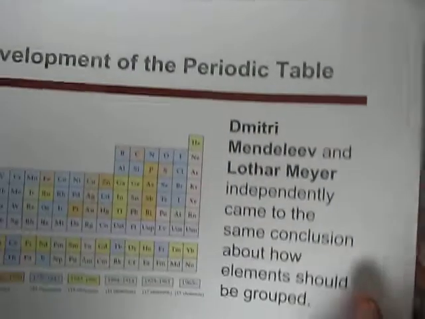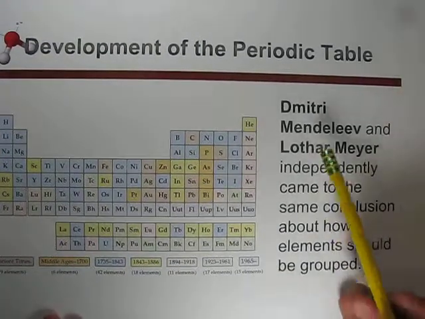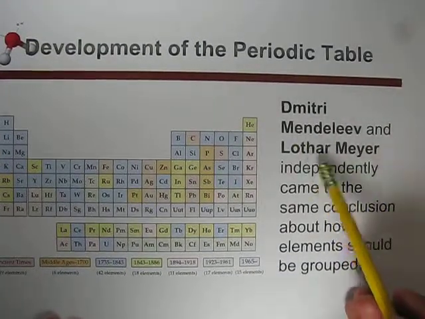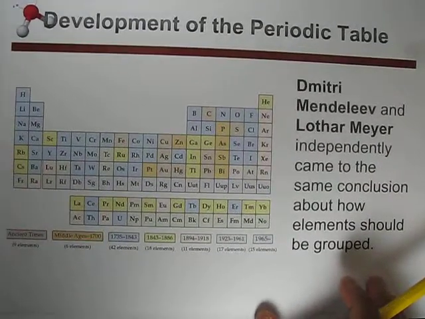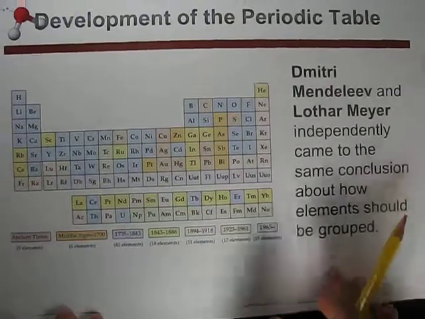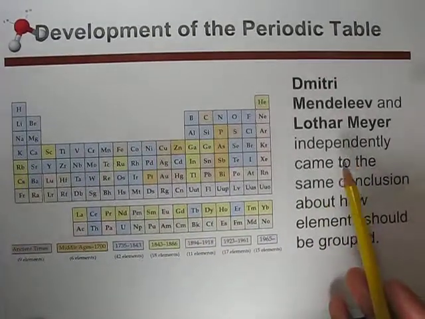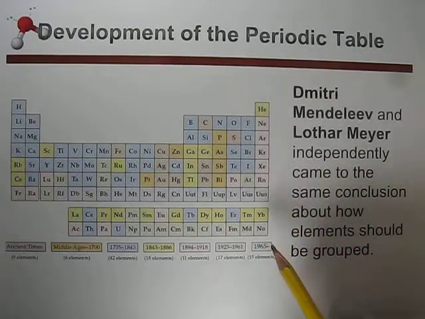So in the topic of development of the periodic table, Mendeleev and Lothar Meyer independently came to the same conclusion about how elements should be grouped, and mostly Mendeleev gets the credit for developing this periodic table.